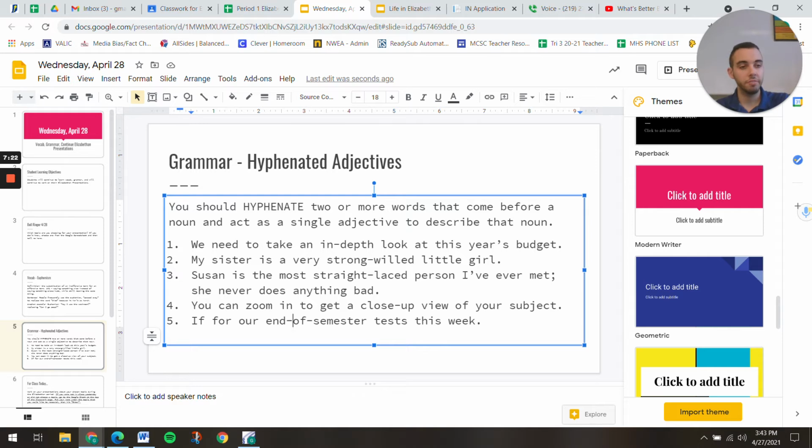So we use hyphens wherever multiple words are joined together, acting as an adjective, or just being a compound word, or between spelled out numbers, fractions, etc. So that is very quickly hyphenated adjectives. So in-depth, strong-willed, straight-laced, close-up, end-of-semester, those all need to be hyphenated.